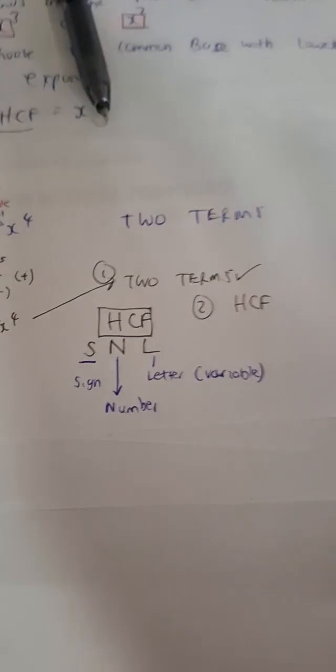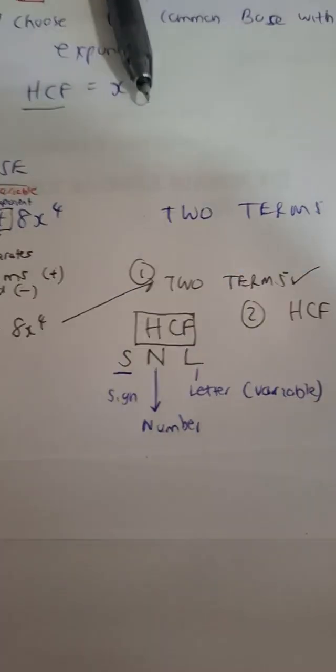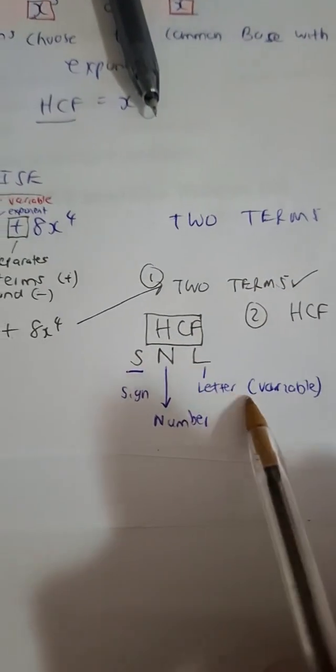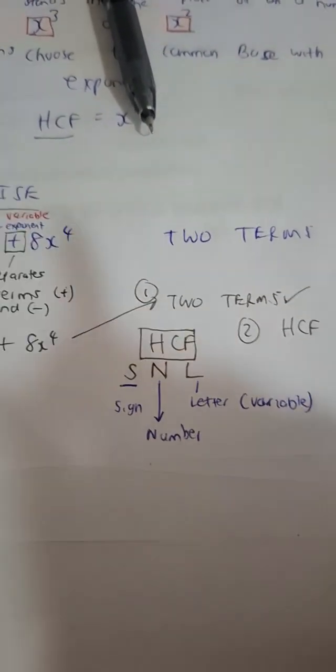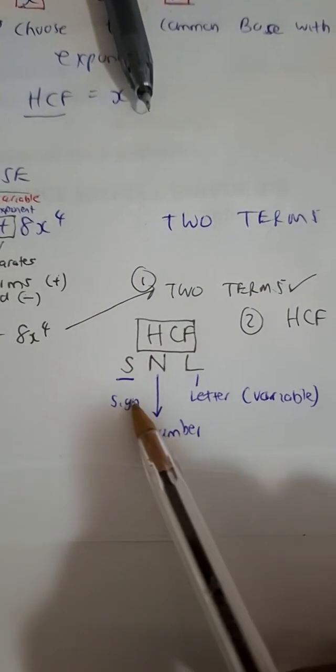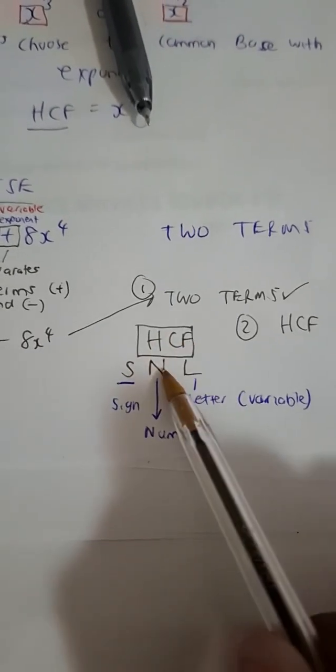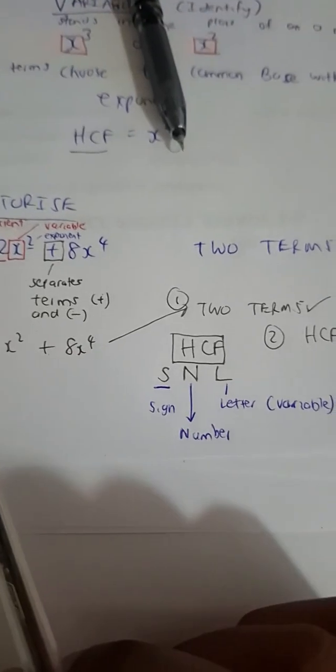So for all my grade 9 learners, it's very important to understand, at the foundation of algebra, that whenever we are factorizing, we consider the highest common factor sign, and we need to take that out. The highest common factor number, we have to take that out if it's there.